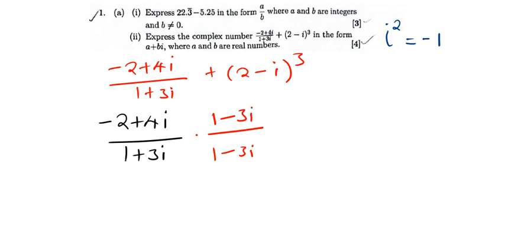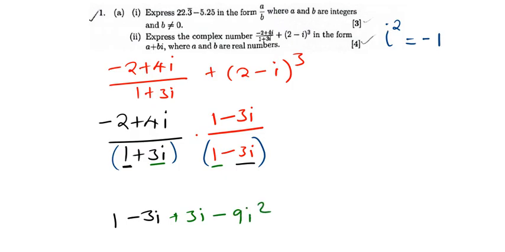Now if you're not new to complex numbers, you understand that each time you're multiplying a complex number by its conjugate, just multiply the like terms, because we understand the middle part will cancel. Let me show you what happens there. 1 times 1 is a 1, and then multiply by the negative 3i. Now we can go to the second part. 3i multiplied by 1 is positive 3i. 3i times negative 3i is going to be a minus 9i squared.